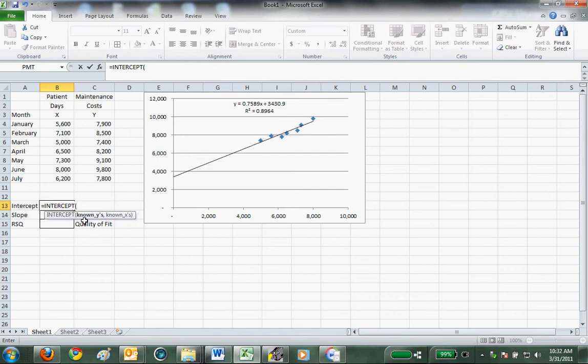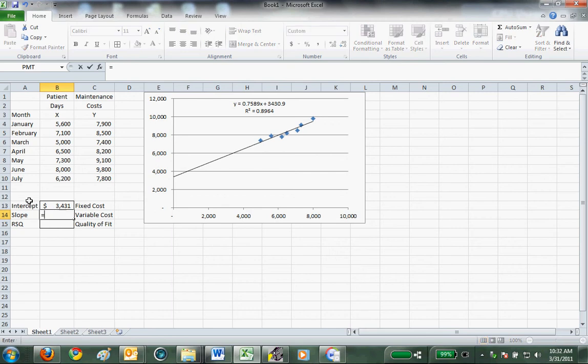And then all you have to do here is put in the known y's and known x's. So our known y's are here, comma, and then put our known x's in, and then close parentheses, enter. And this is rounded differently, but it agrees with the 3,430.9 over here. So the intercept line, or fixed cost, is that number.